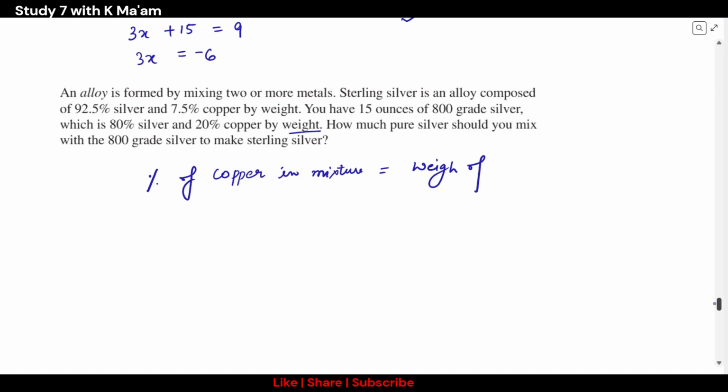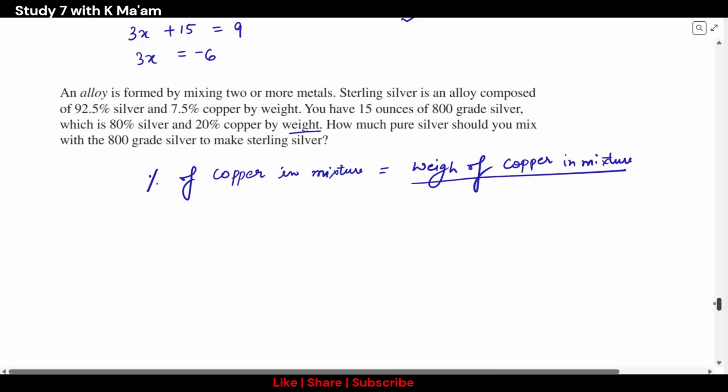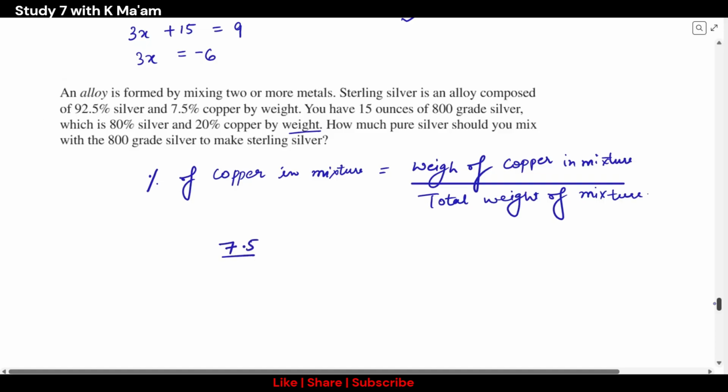Weight of copper in mixture divided by total weight of mixture. Okay, now it says 7.5% copper. So 7.5% is removed and I write 100 here.